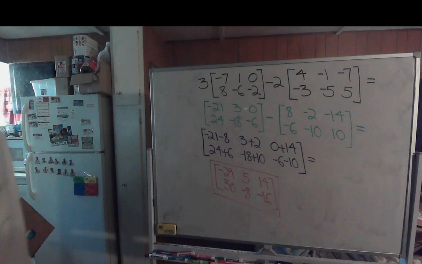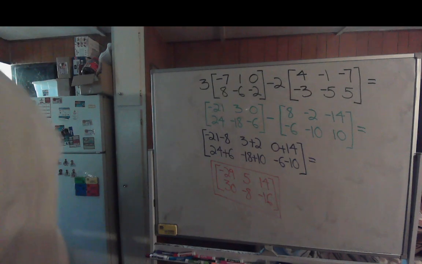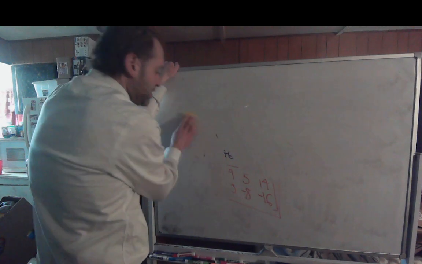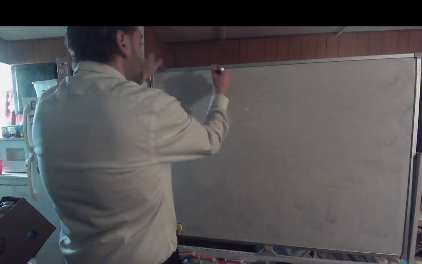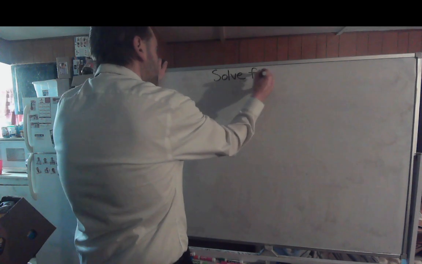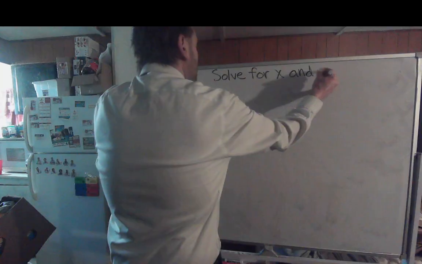Now, let's see here. I have 4 problems in which we are going to solve for some variables. Let me demonstrate what that's going to look like if you're ever given problems like these. So solve for x and y.